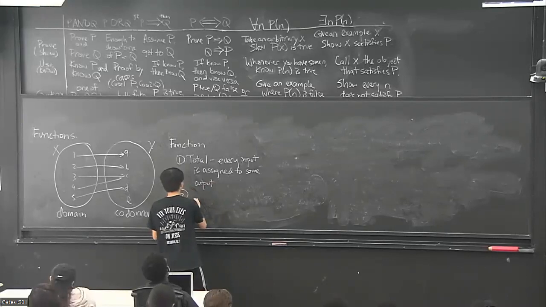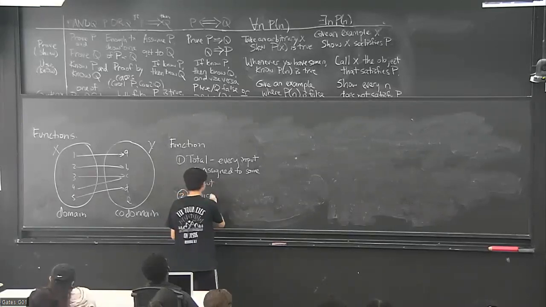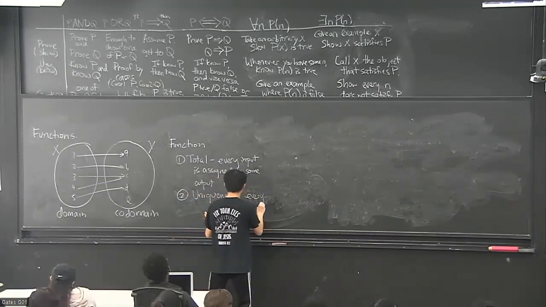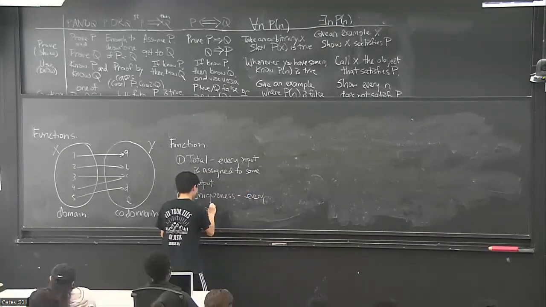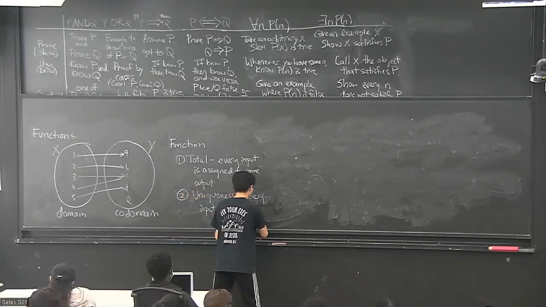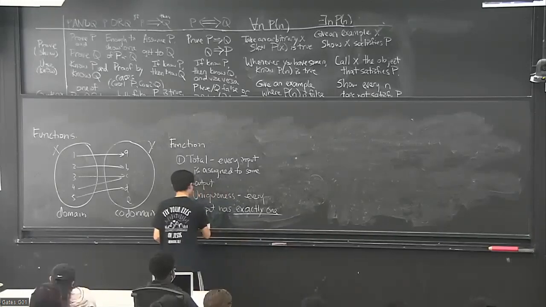Second is uniqueness: every input has exactly one output.